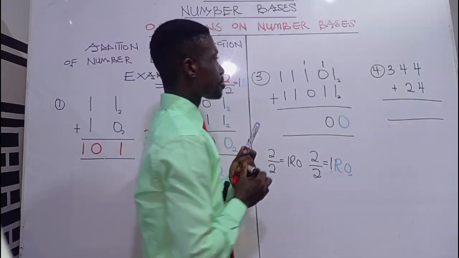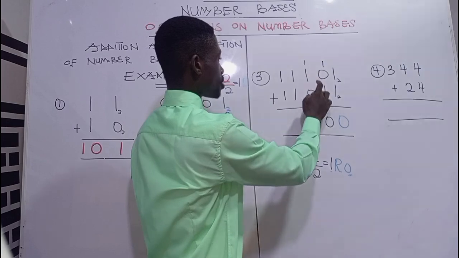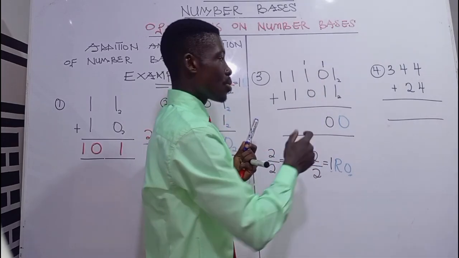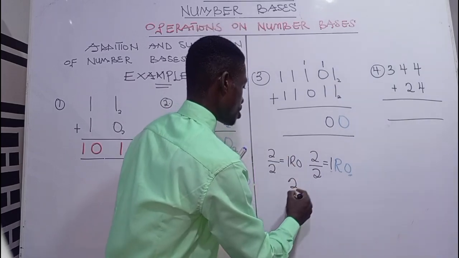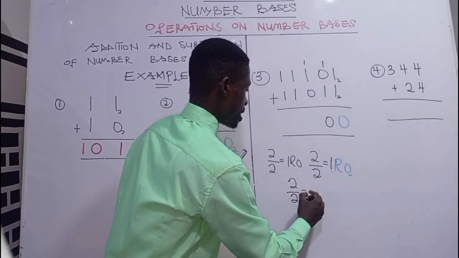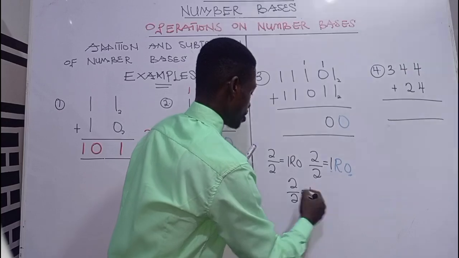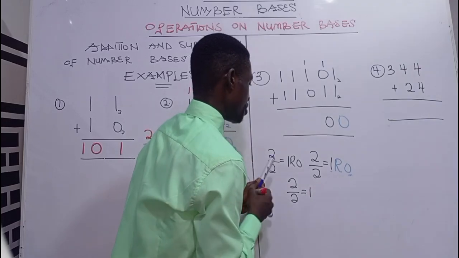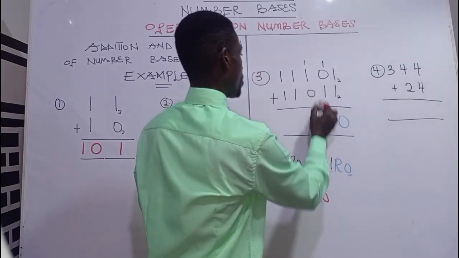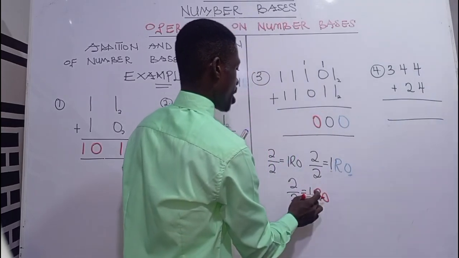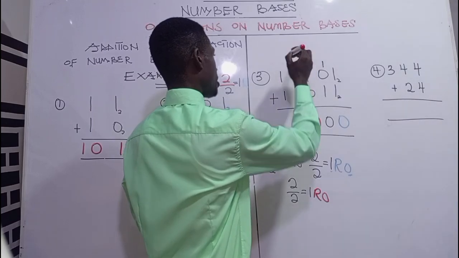Are you following? 1 plus 1 plus 0 will still give us 2. We are working in base what? 2. So we can't write 2. So we divide it by the base we are working in, and this gives us 1 remainder 0. So we write this 0 down here, and then we carry the quotient or the 1 to the next number.